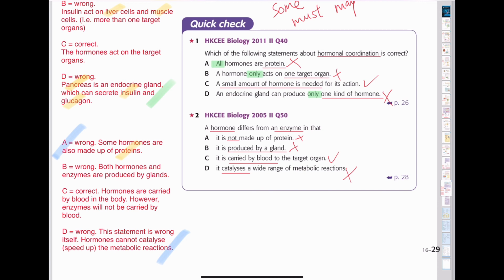Which verbs can we use to describe the action of the hormone? We can use promote, enhance, or inhibit. Those are the verbs we can use to describe the action of the hormone, but never catalyze.